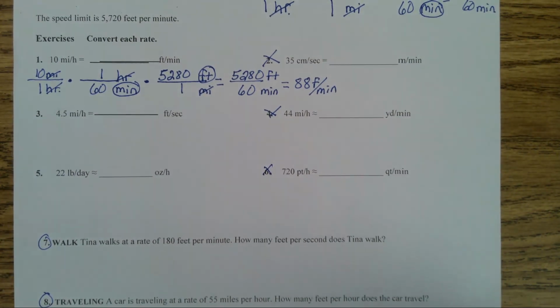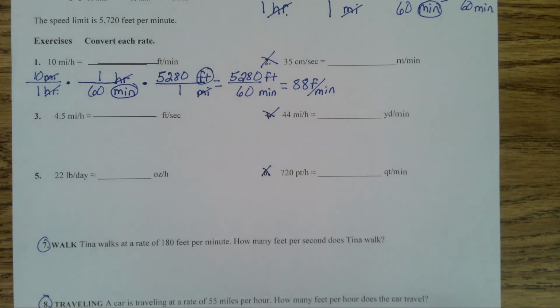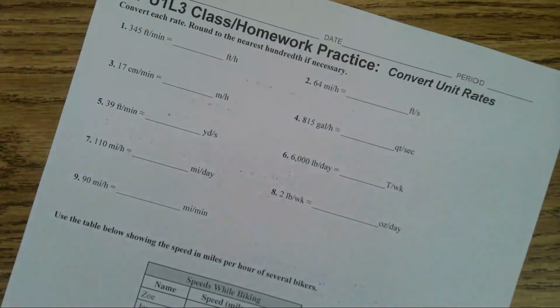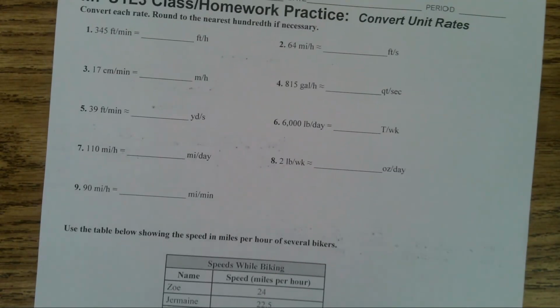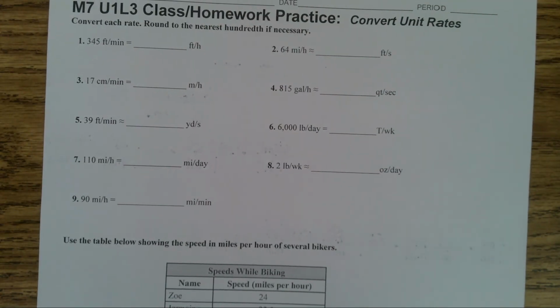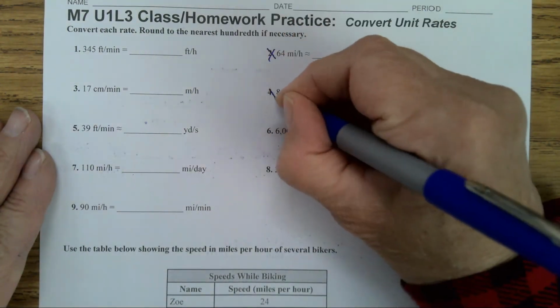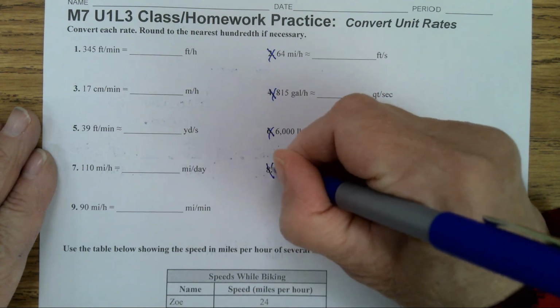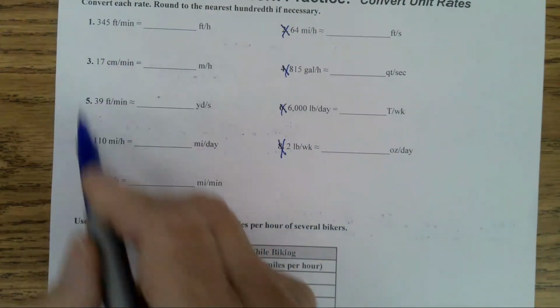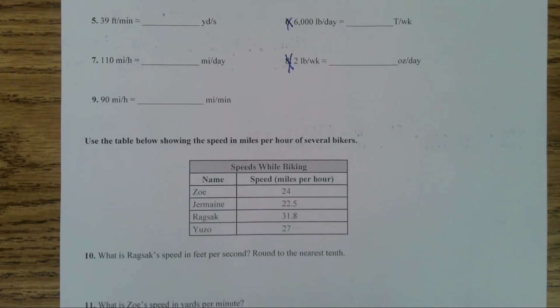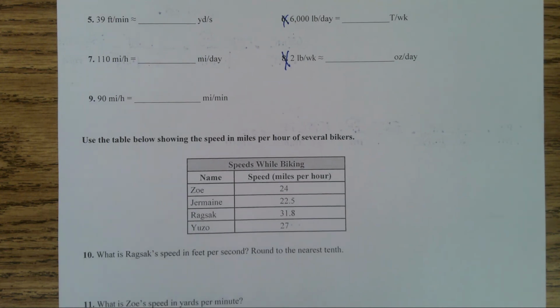Now, on the other side of the worksheet, on this problem here, again, there's just not going to be enough room to do 2, 4, 6, and 8. So do these, and then use the table to answer the questions 10, 11, and 12.